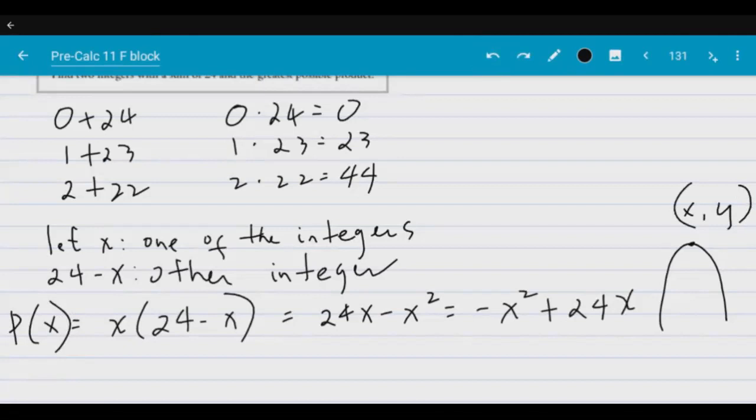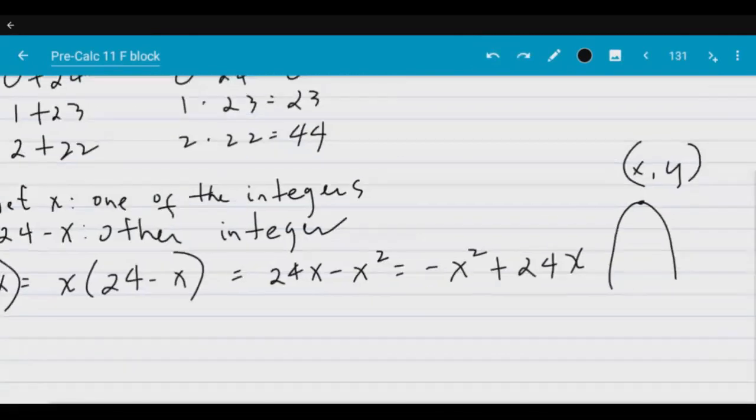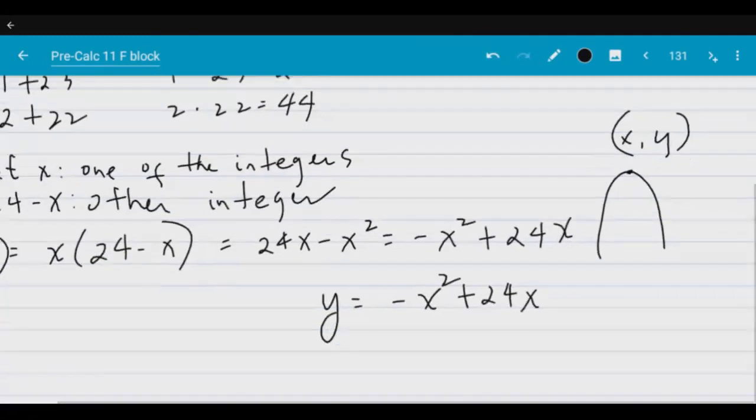Okay? So let's see. If you were to turn this into completing the square, that would be negative x squared plus 24x. There's your formula, or p of x if you want to put it that way.